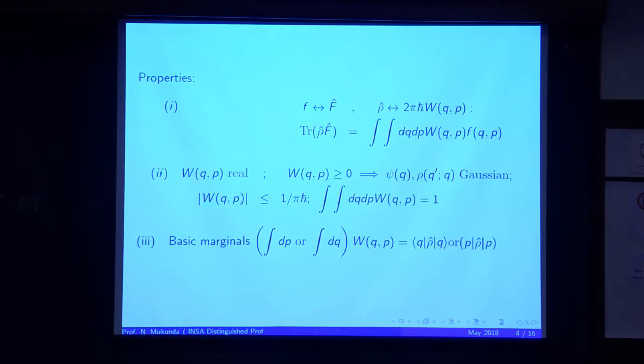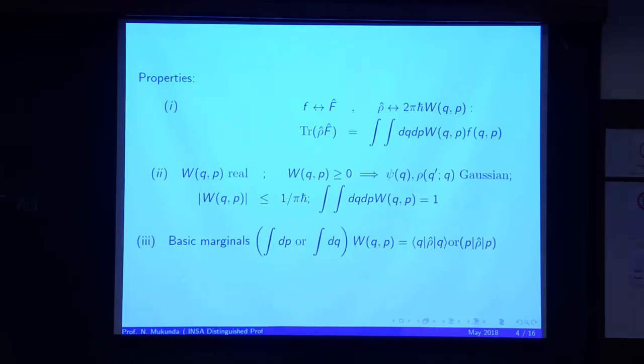Then there is this very interesting bound on the magnitude of the Wigner function at every point in phase space. Mod W is less than or equal to 1 by pi h bar, and there is an overall normalization condition corresponding to trace rho equal to 1.